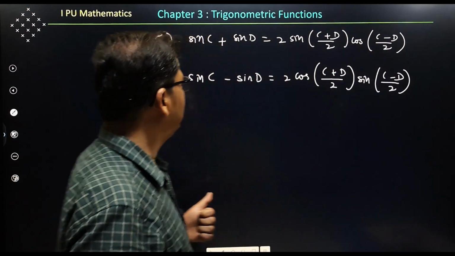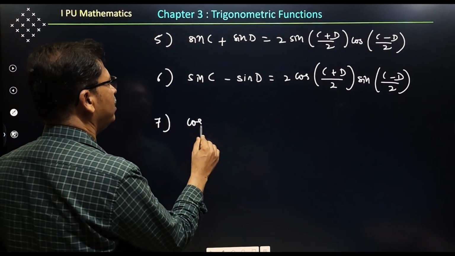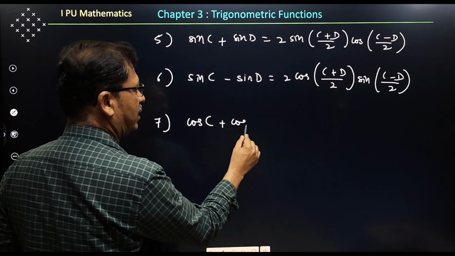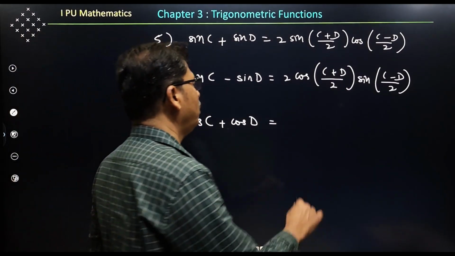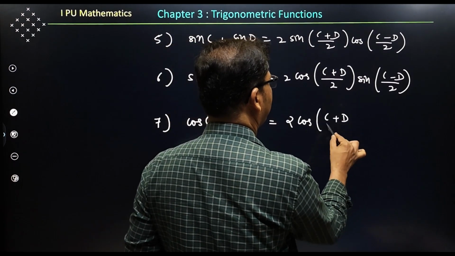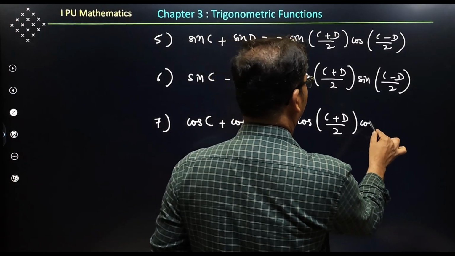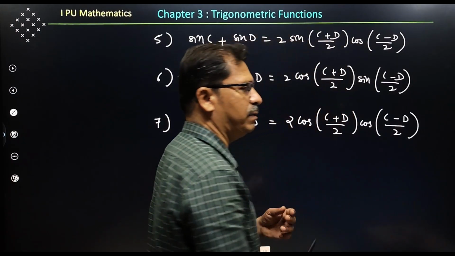Next is cos c plus cos d, equal to 2 cos into cos: 2 times cos of c plus d divided by 2 into cos of c minus d divided by 2 here.